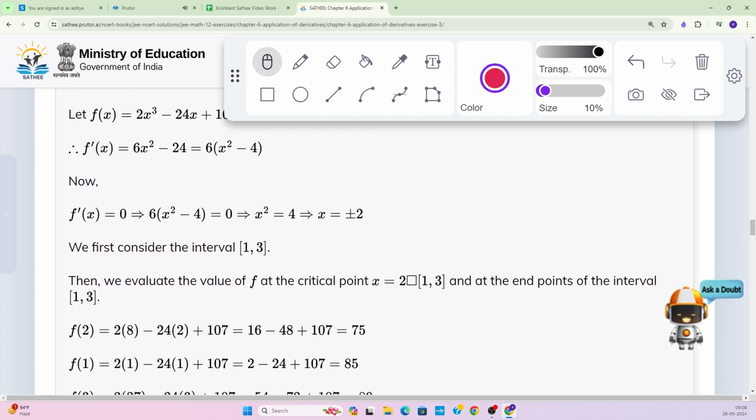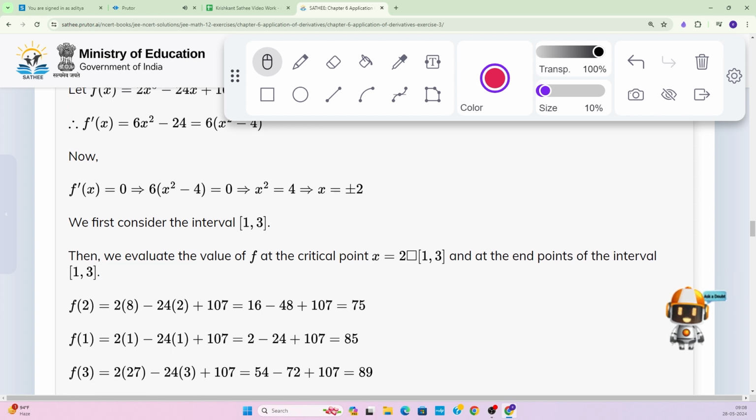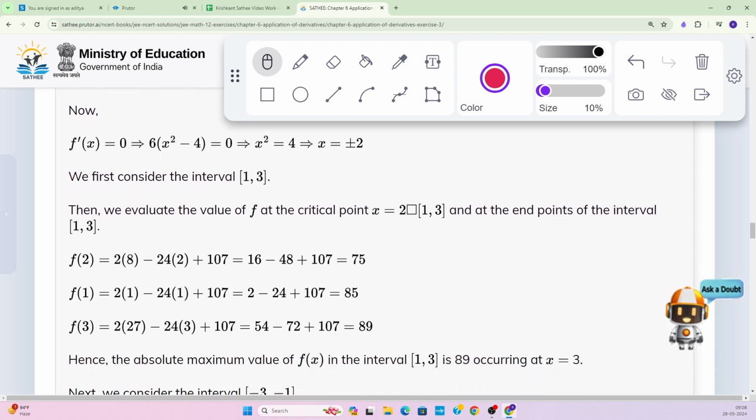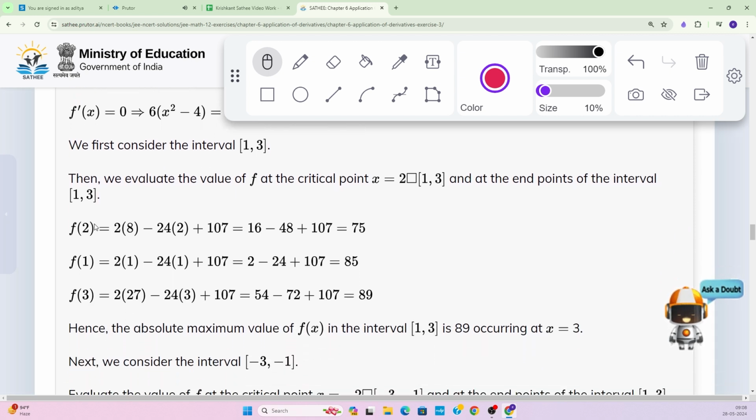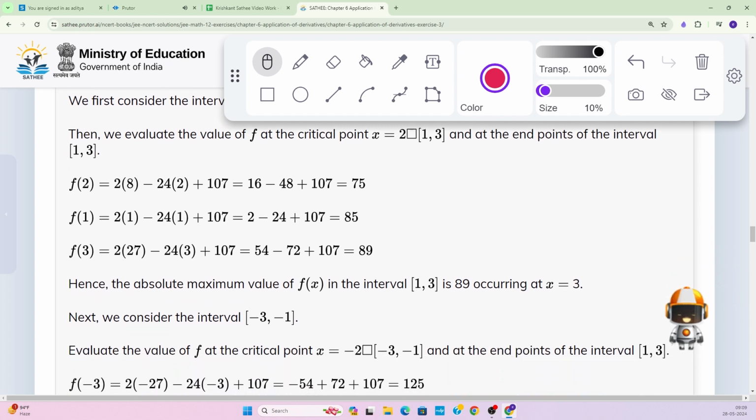So plus minus 2 and 1, 3, find the respective values for f of 1, f of 2, f of minus 2, f of 3. As you can see, you will have 89 as your maximum at 3. So 89 will be the absolute maximum value of f at x equals 3.